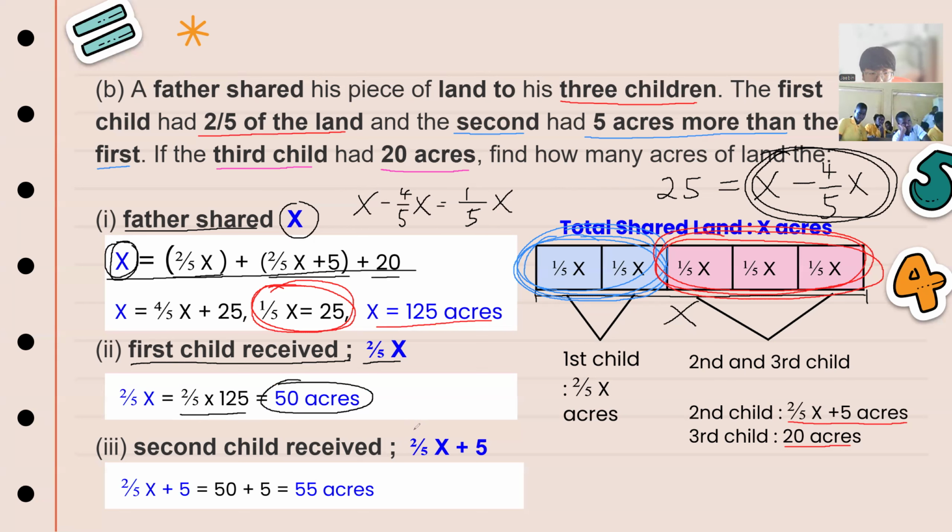How much land did the second child receive? The first child plus 5, so 50 plus 5 is 55 acres. That's how we got the answer. First, we find x, and then we can find the first and the second child's amount of acres.